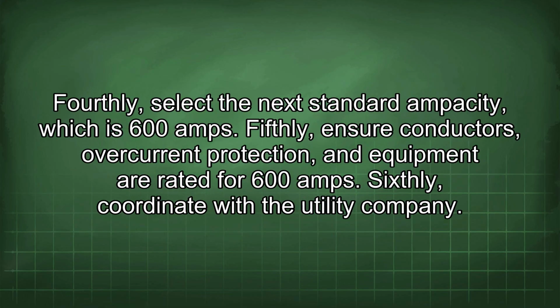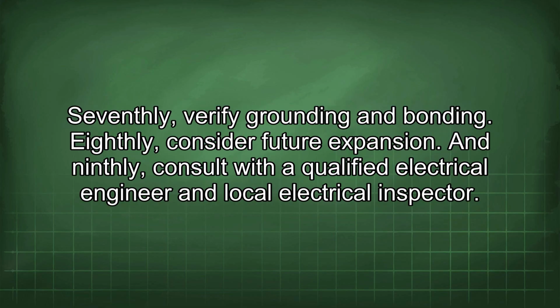Fourthly, select the next standard ampacity, which is 600 amps. Fifthly, ensure conductors, overcurrent protection, and equipment are rated for 600 amps. Sixthly, coordinate with the utility company. Seventhly, verify grounding and bonding. Eighthly, consider future expansion. And ninthly, consult with a qualified electrical engineer and local electrical inspector.